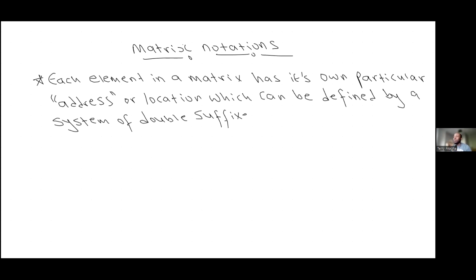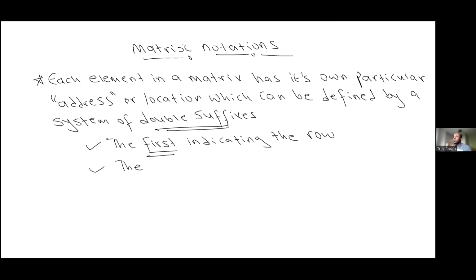Okay, so double suffixes. Now what happens here is that the first number is indicating the row, and the second indicates the column.